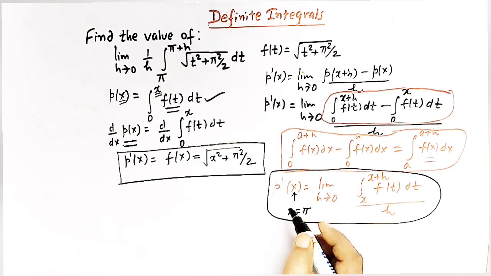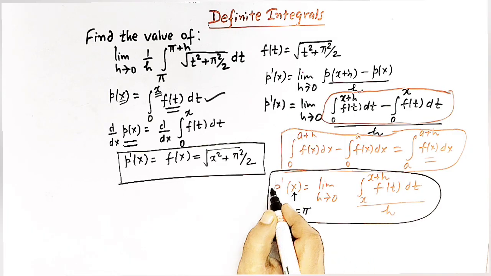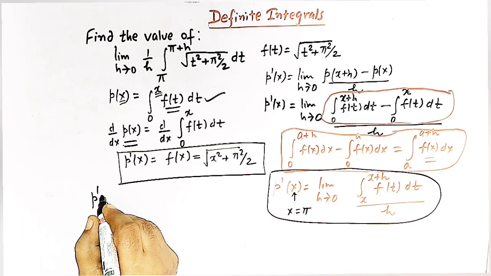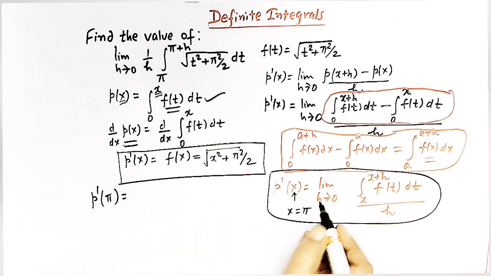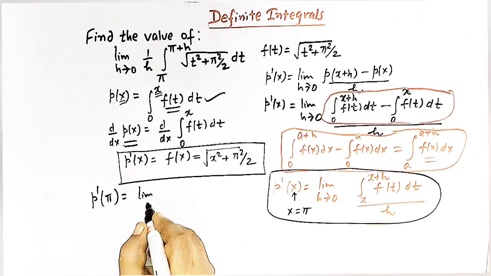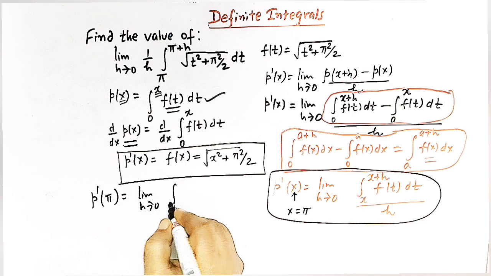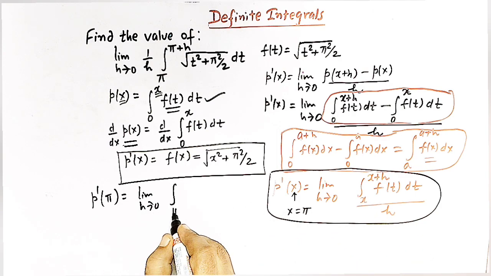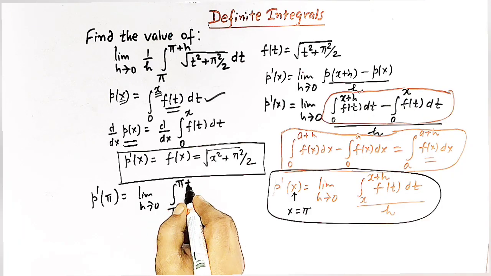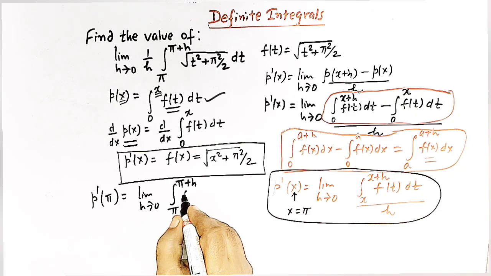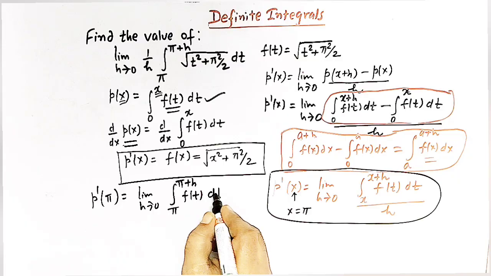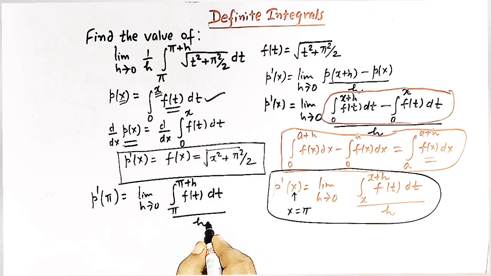So when we replace this x by pi, then we get p prime of pi, and here we have a limit h tends to 0, and the integral from pi to pi plus h, and here we have f of t dt divided by h, right?